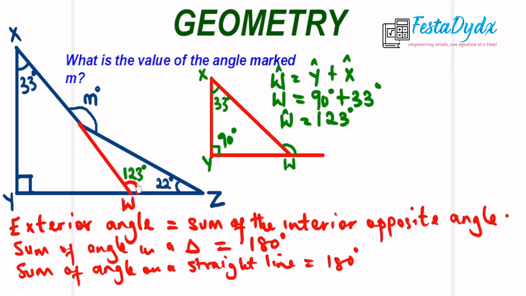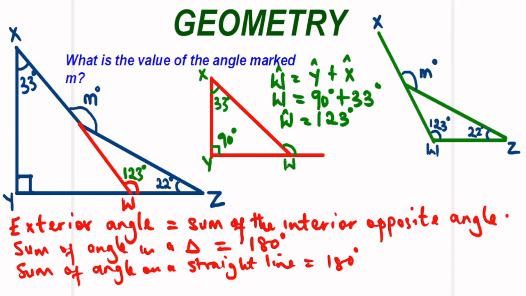So if we work with the same method we used to get angle W, 123, we'll be able to get M. Now let's draw that part of the shape outside, so we'll work with it only. I've been able to bring out the right part of this shape. Now we'll have X, W, Z, and then the M we are looking for.